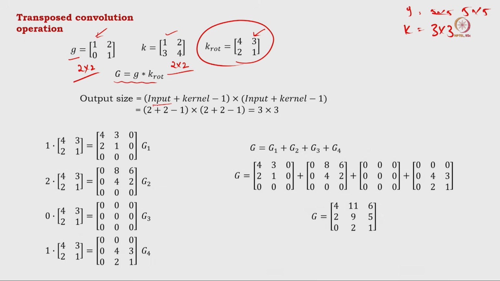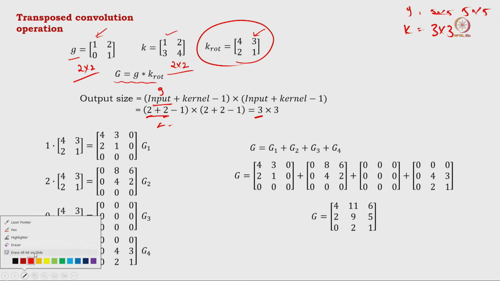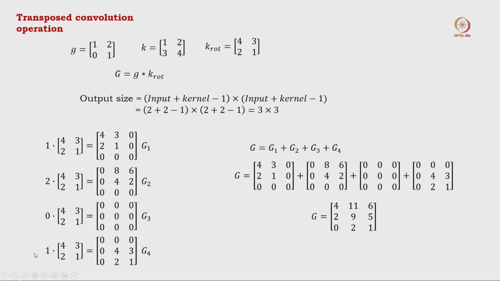Here the input is G, which is 2, and the kernel size is also 2, minus 1. So, 2 plus 2 is 4, 4 minus 1 is 3. So, the output size we are going to obtain is 3 cross 3. So, now let us write this 3 cross 3 size.